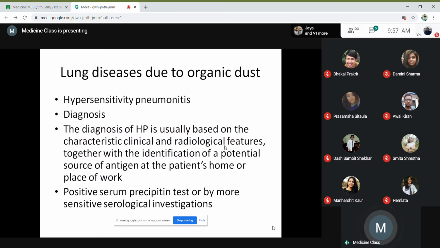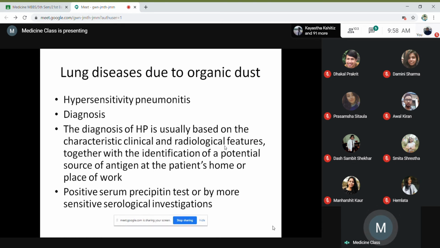Continuing with the diagnosis, it is generally based on characteristic clinical and radiological features. What is the history regarding exposure to different occupational antigens?